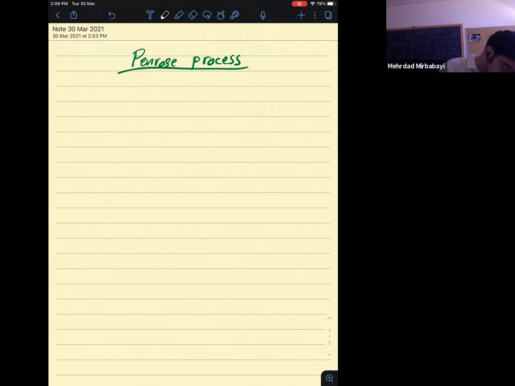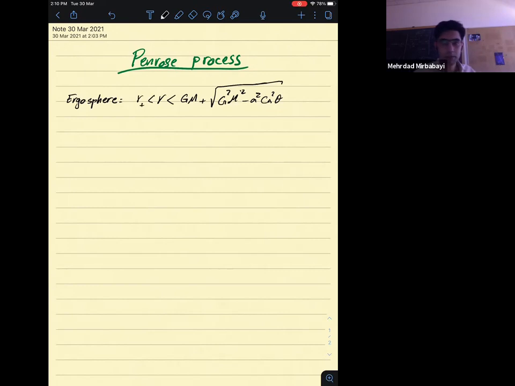So the first thing to remember is that we talked about this region called the ergosphere, which was defined by the region where r is less than Gm plus the square root of G squared M squared minus a squared cosine squared of theta, and larger than r plus, which is the horizon.